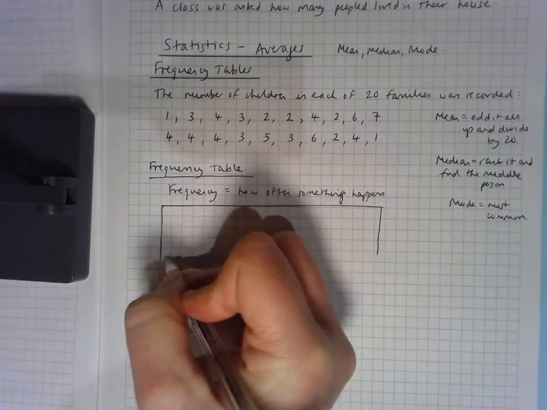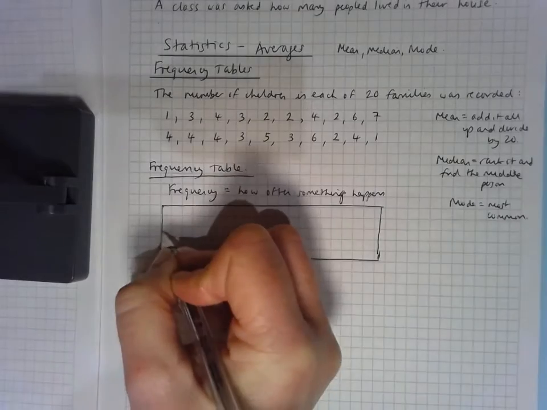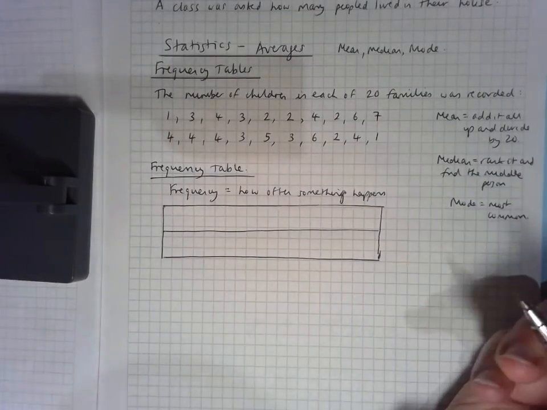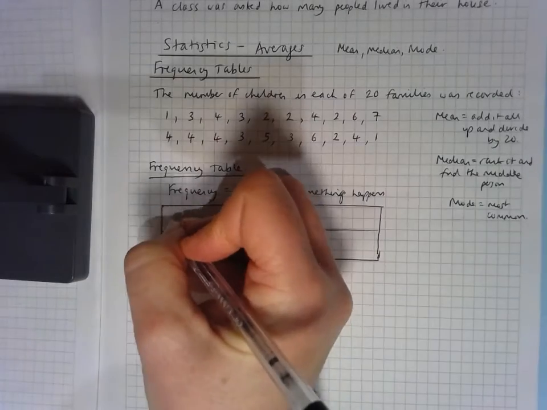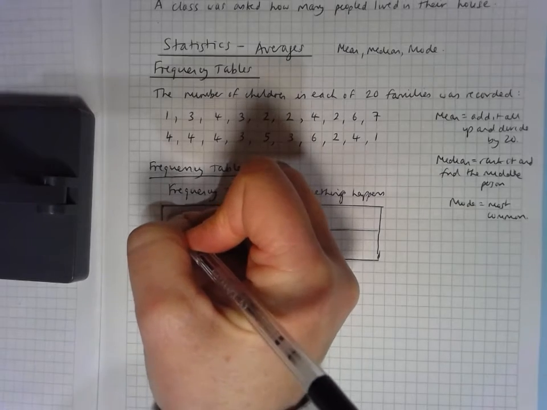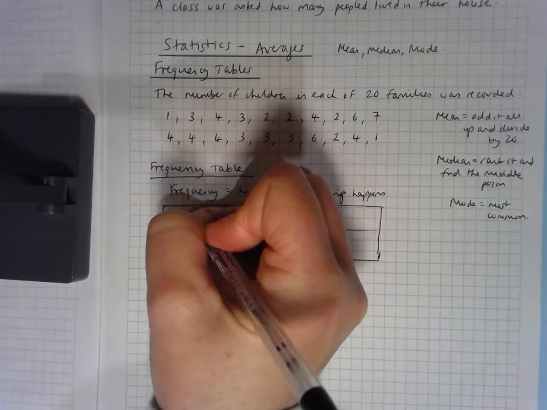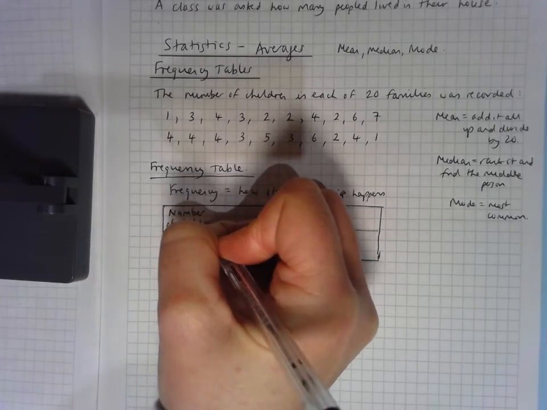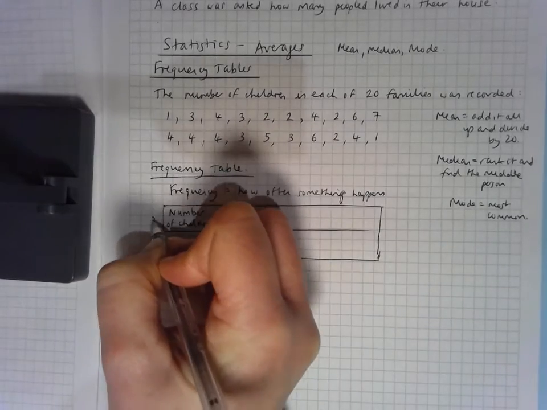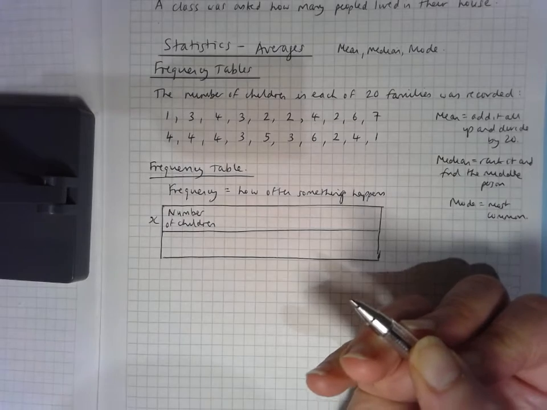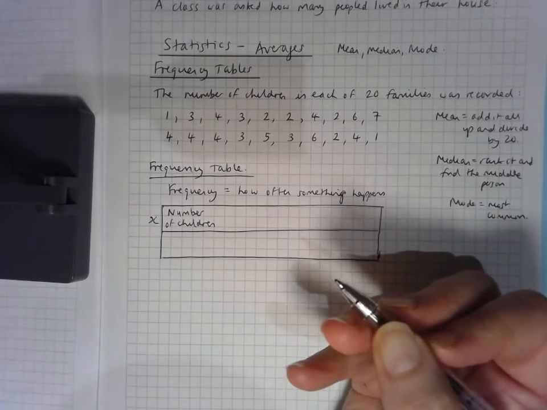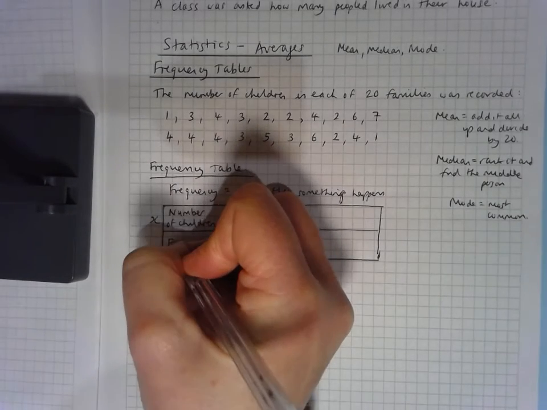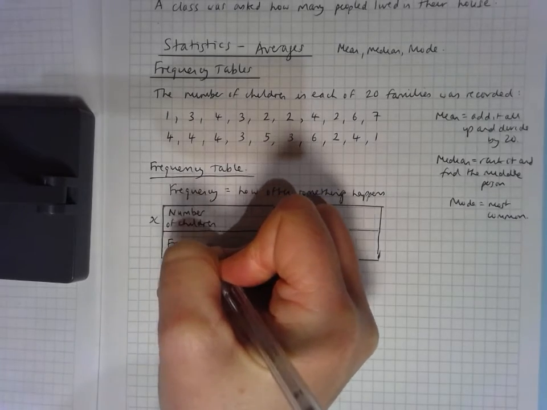So let's just draw a table. The frequency table usually has 2 rows, and the top row always refers to the thing we're counting. So this is the number of children, and if we gave that a letter, we'd call it X. It's the variable, the thing that we're counting. And then the frequency is how often that thing happens.